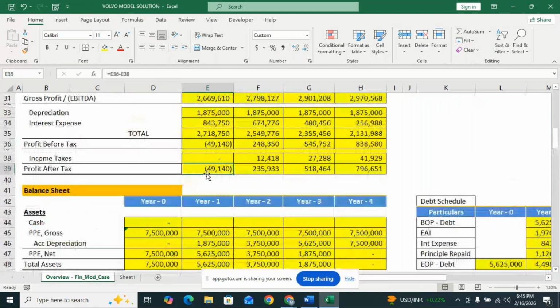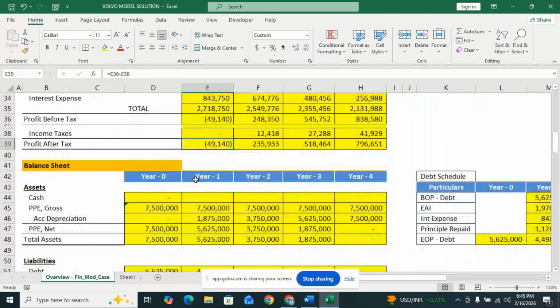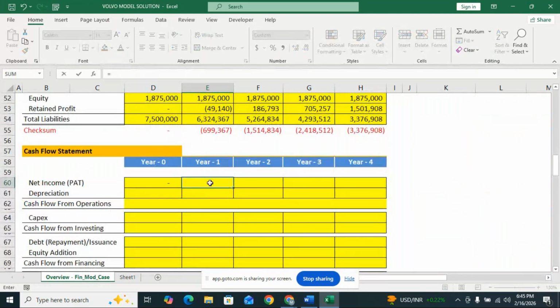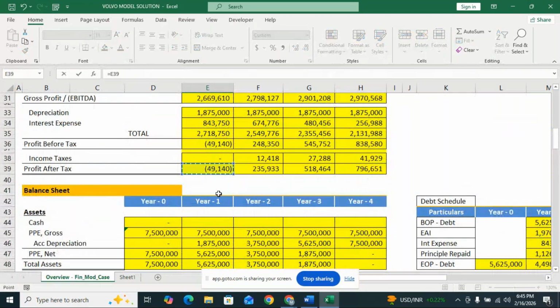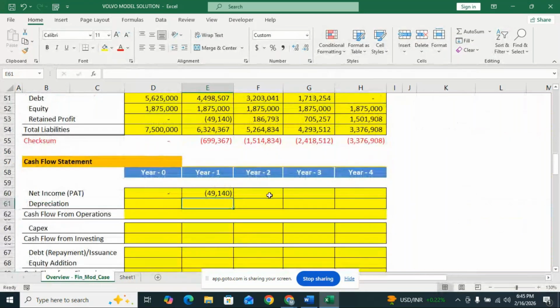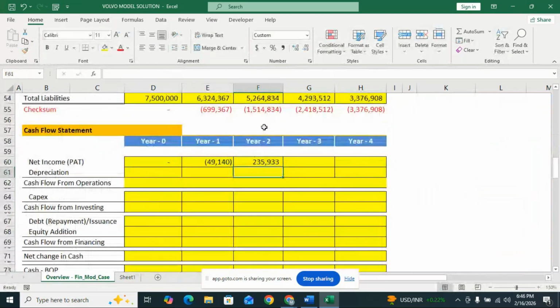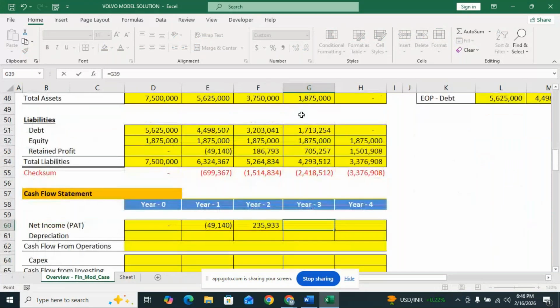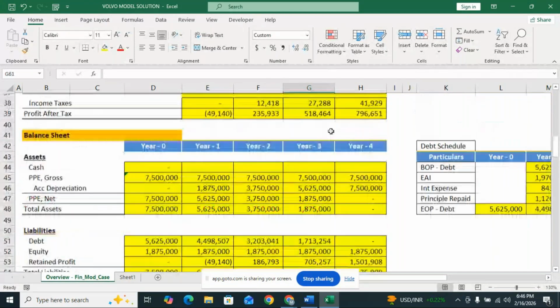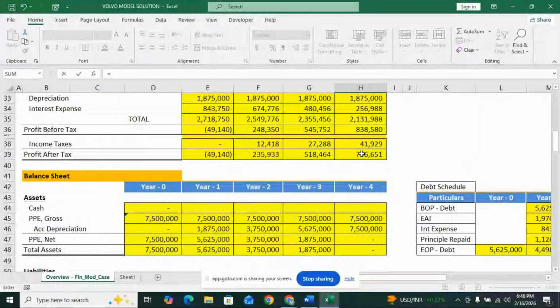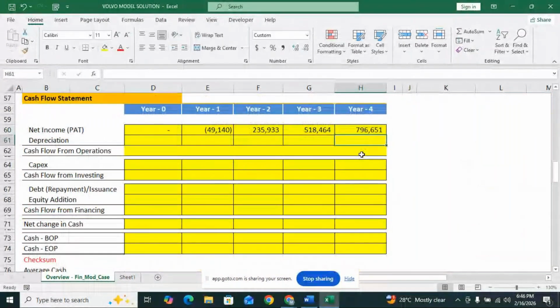Just paste these PATs over here. Please paste the PATs for all the 4 years.